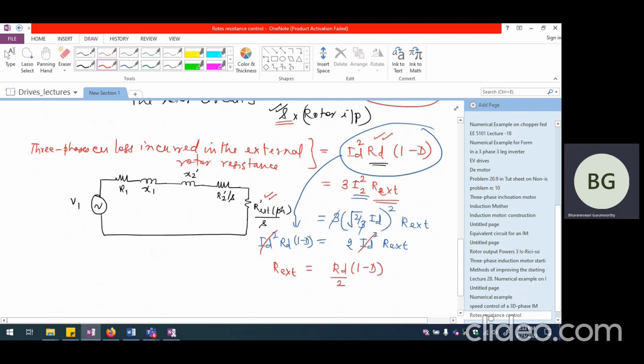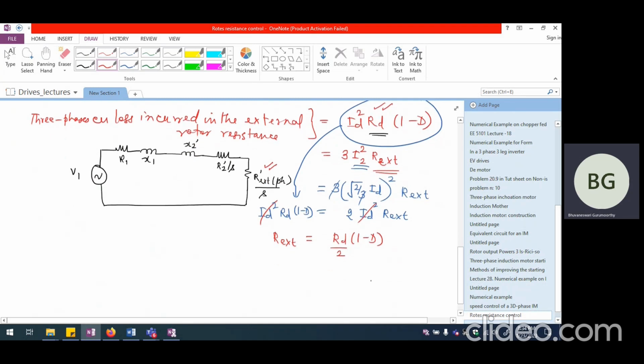So this R external dash will be simply RD dash divided by 2 multiplied by 1 minus D. So I should be able to draw the equivalent circuit somewhat like this. So instead of writing here R external dash, I should be able to write this as RD dash multiplied by 1 minus D divided by 2S.